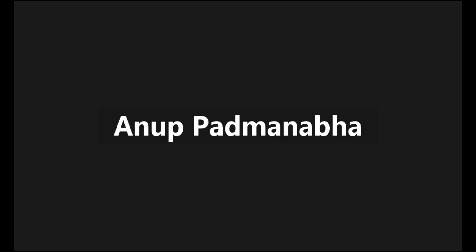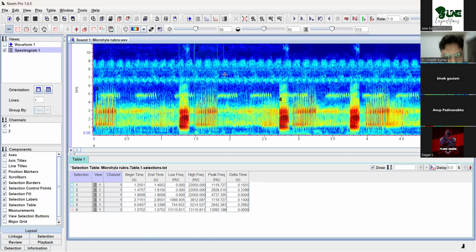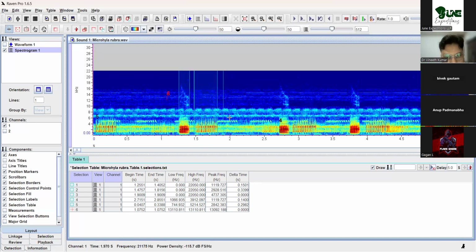So does the shape of the spectrogram, the call, help us to identify or at least differentiate the type of call, or where the frequencies are low or high?